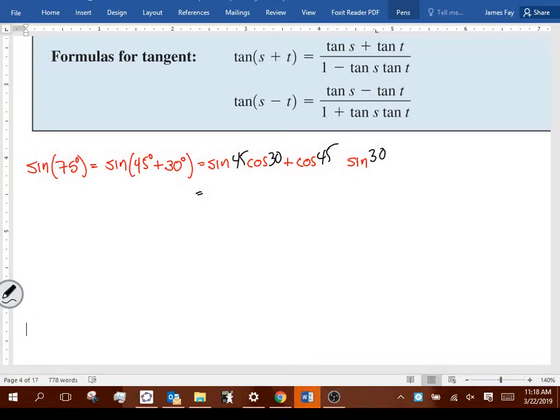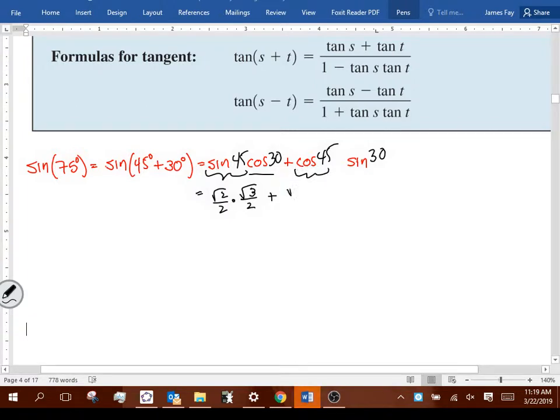Now we evaluate. What is the sine of 45? Radical 2 over 2. What's the cosine of 30? Radical 3 over 2. Plus the cosine of 45, radical 2 over 2, times the sine of 30. What's the sine of 30? 1/2.